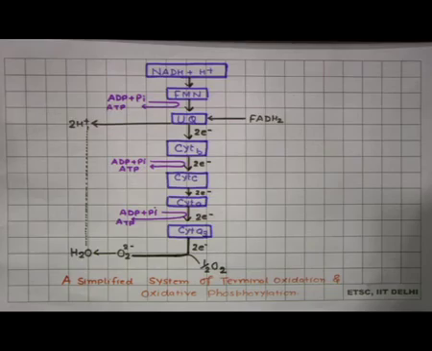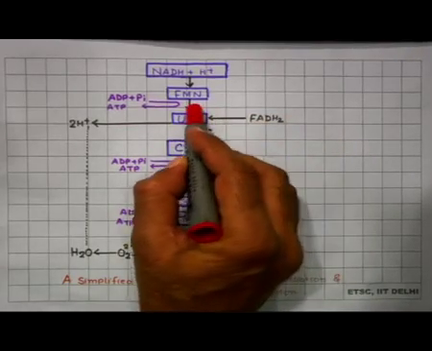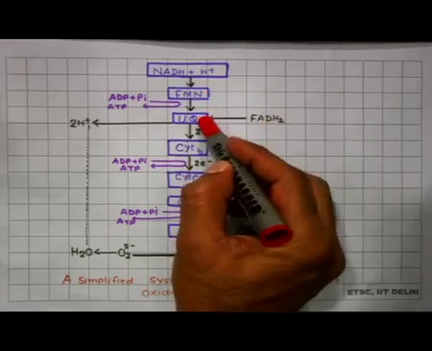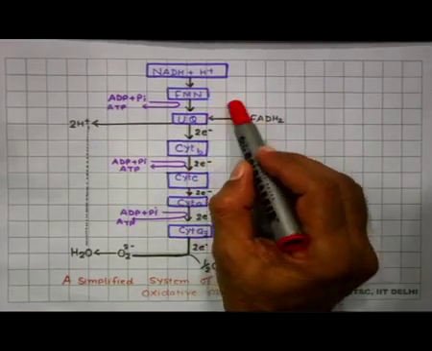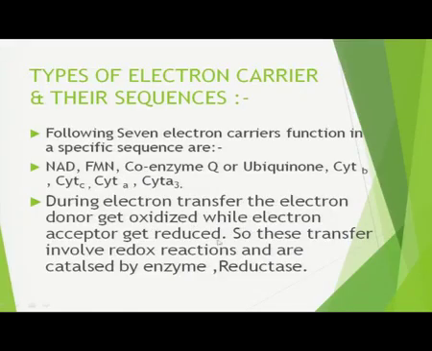During the electron transfer, the electron donor gets oxidized, while electron acceptors get reduced. So, this transfer involves a redox reaction, because oxidation and reduction both take place, and these reactions are catalyzed by the enzyme called reductase.